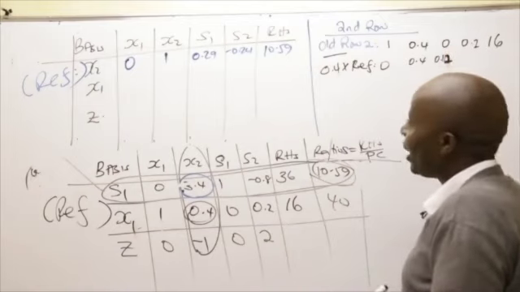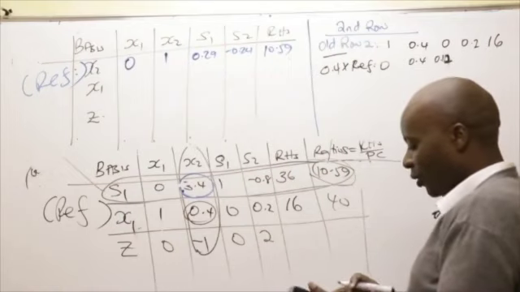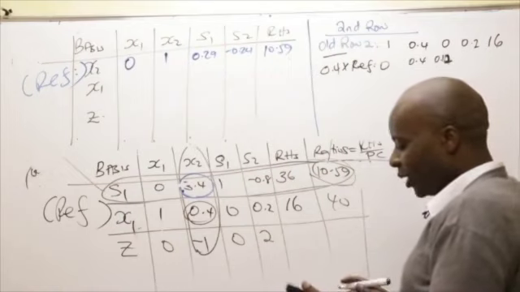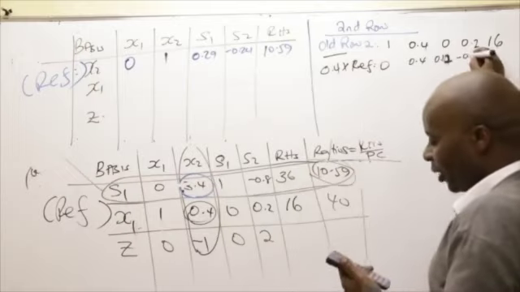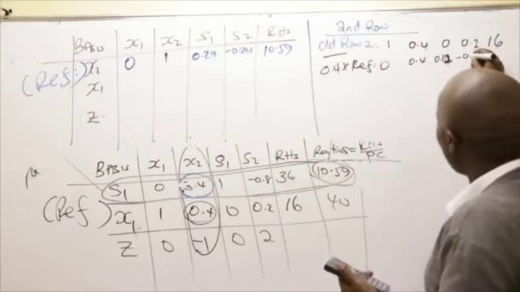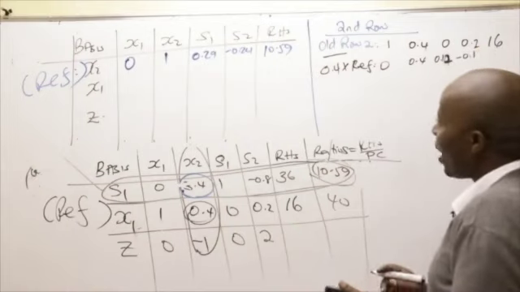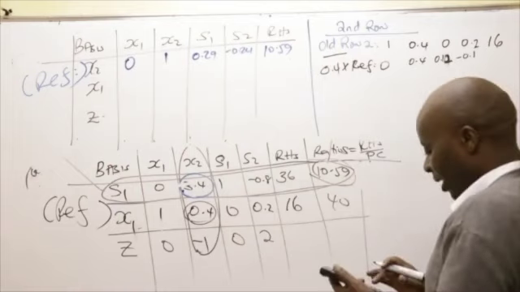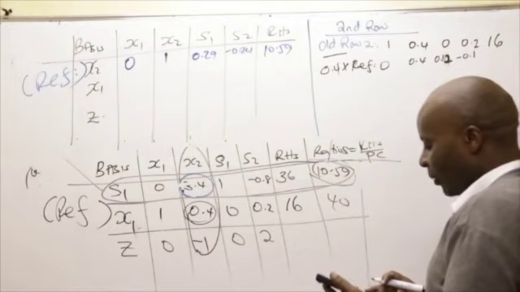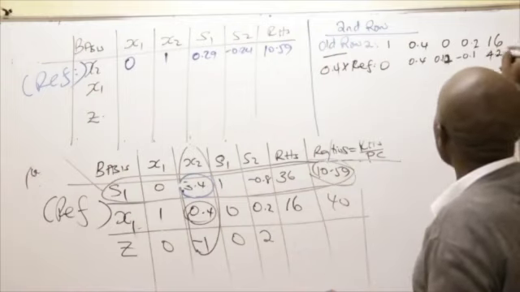And then the next one, minus 0.24 times 0.4, which gives us minus 0.09, that can be minus 0.1. And then lastly, we have 10.59 times 0.4, which will end up giving us 4.24.